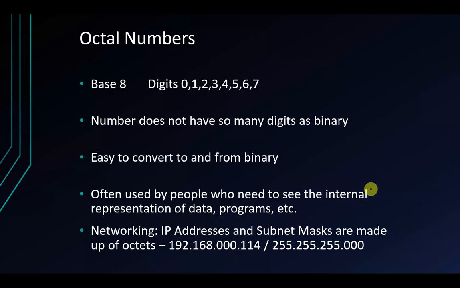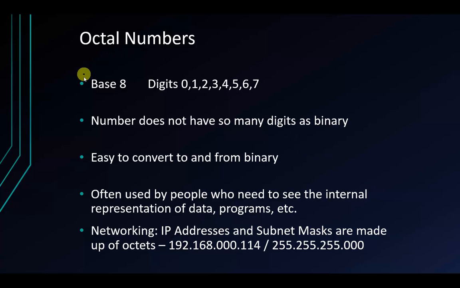Now, there are some other peculiar base systems that we use in computers, as if binary wasn't awkward enough to work with. We also use the base 8 system, which is called octal, and we use the base 16 system, which is called hexadecimal.